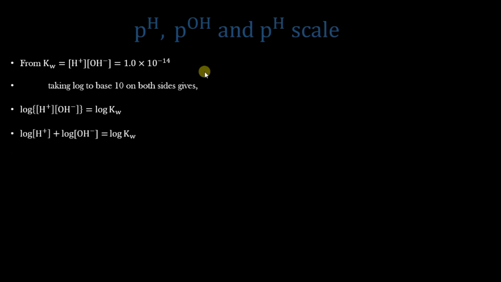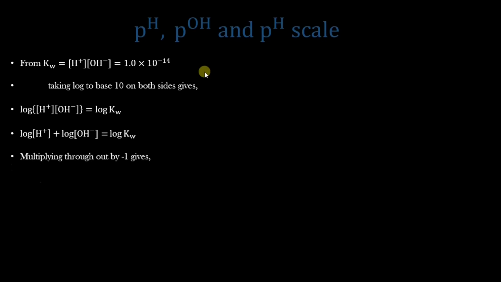So we know that log of A times B is the same as log of A plus log of B. So we simply obtain on the left hand side the logarithm of the molar concentration of hydrogen ions plus the logarithm of the molar concentration of hydroxyl ions, which equals the logarithm of Kw.